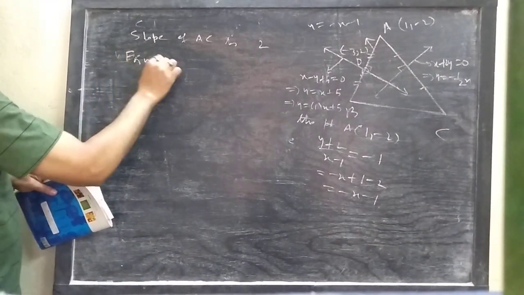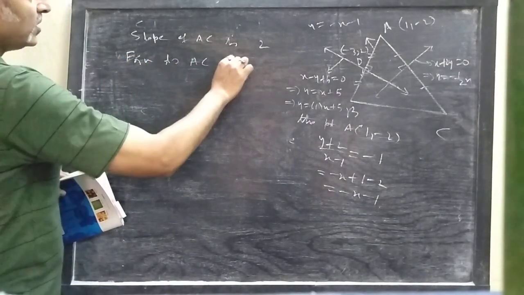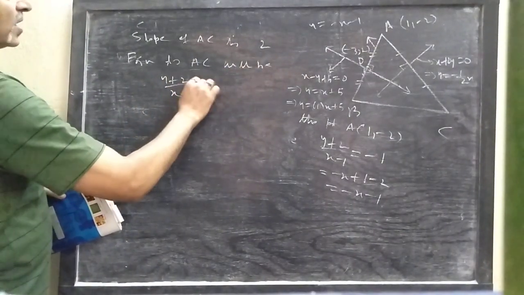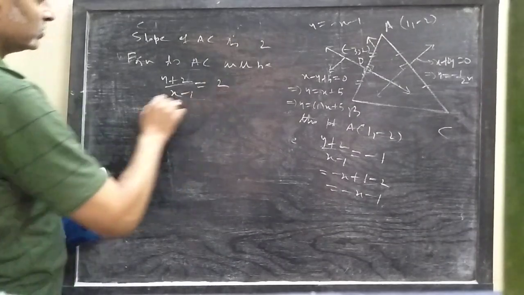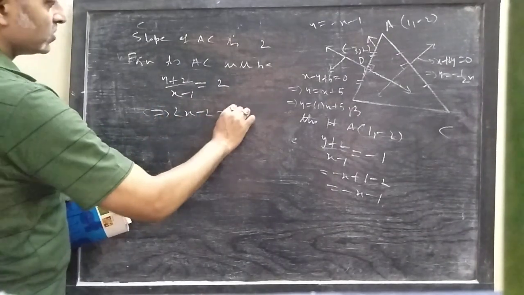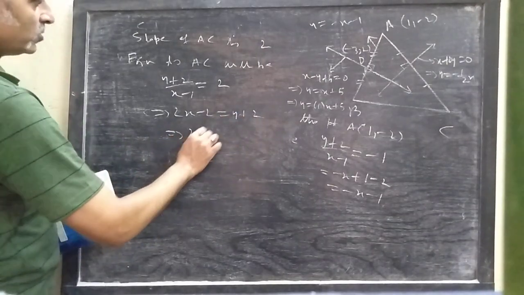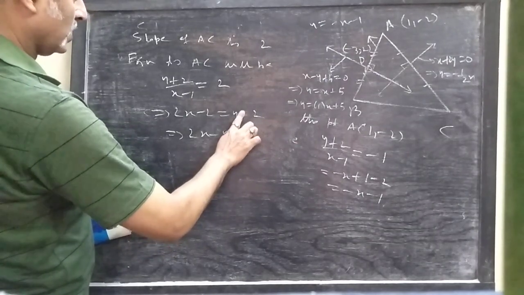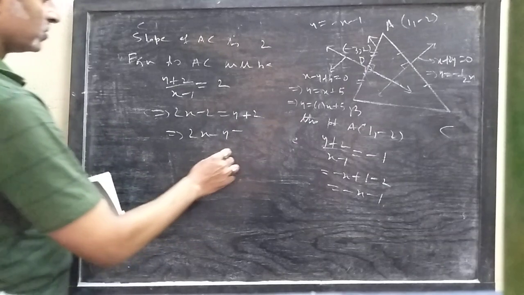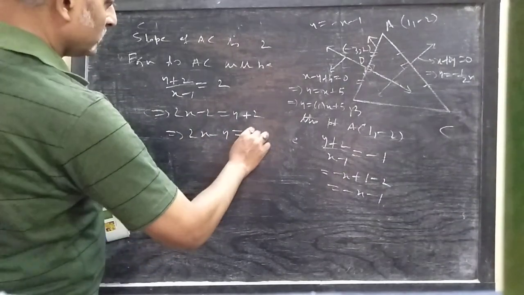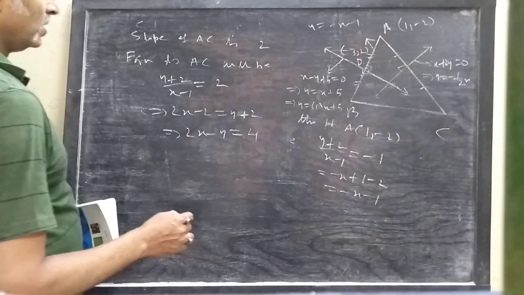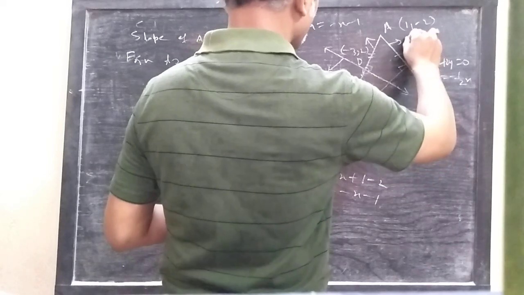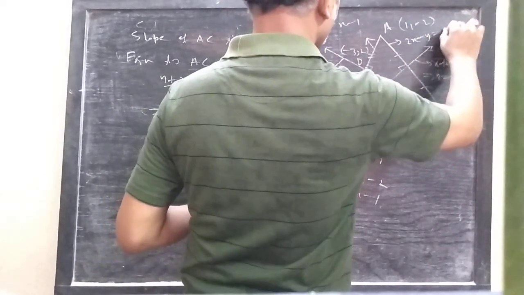The equation of AC will be (y plus 2) by (x minus 1) equals 2. So 2x minus 2 equals y plus 2, that is 2x minus y equals 4. We get the equation of AC as 2x minus y equals 4.